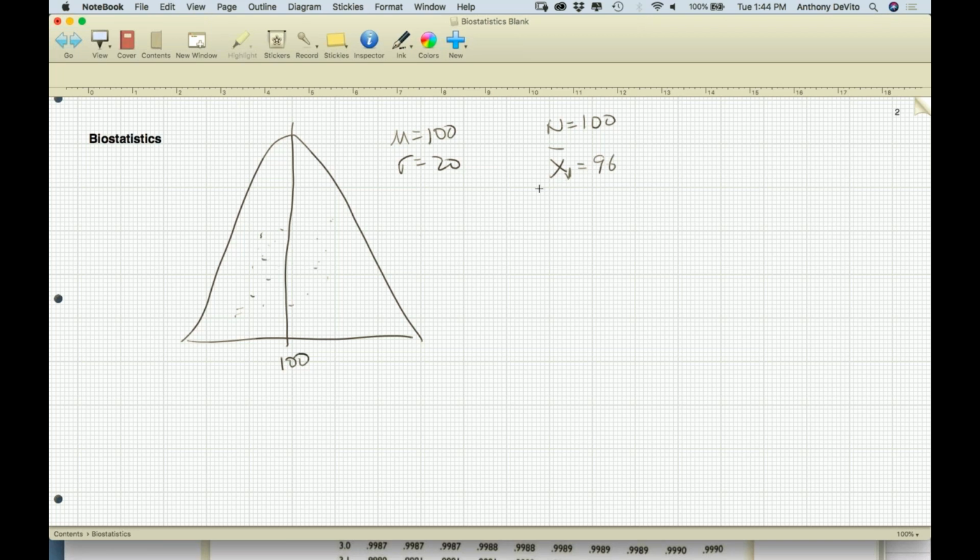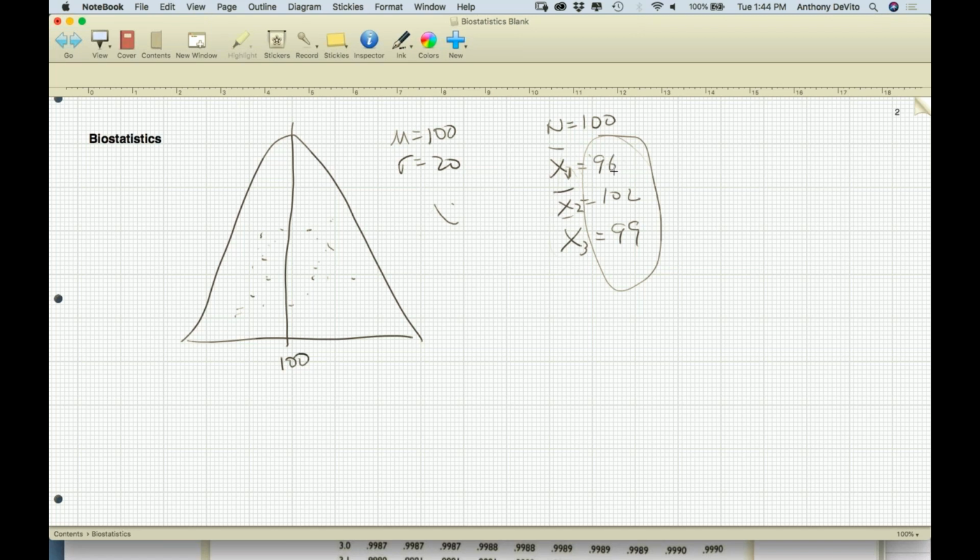I do it again. This time I get an X bar of 102. I do it again, another 100 people. This time I get an X bar of 99. I know that if I do this 1,000 times, 100,000 times, an infinite number of times, all of these averages are going to approximate something.